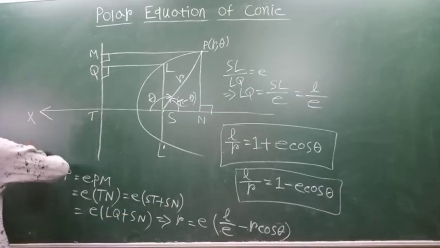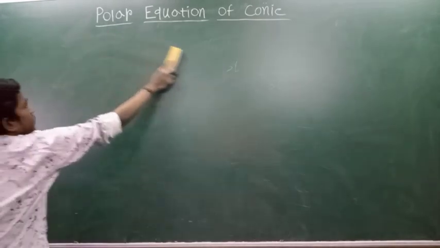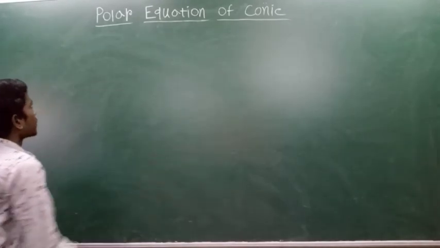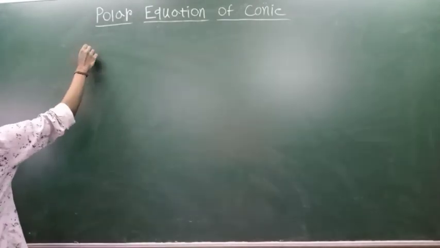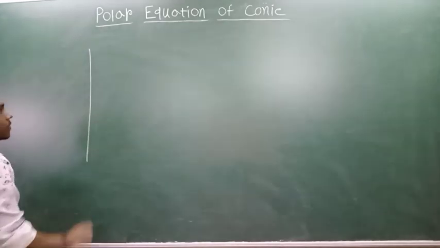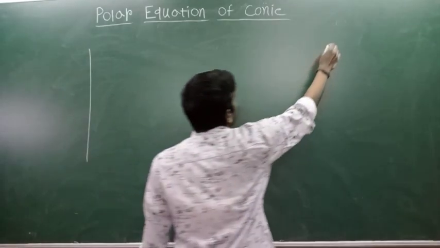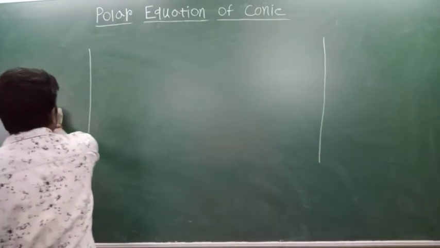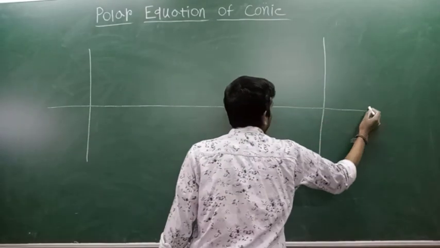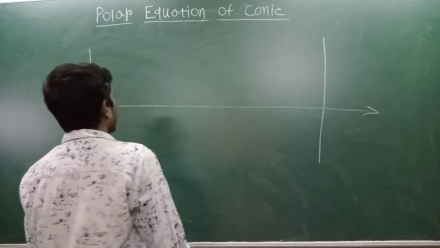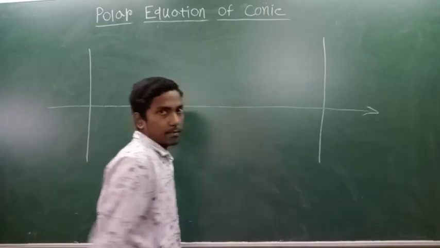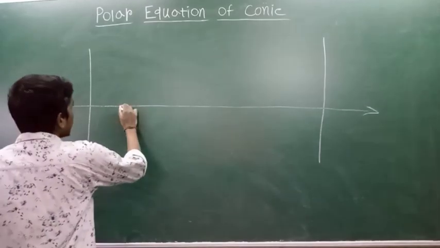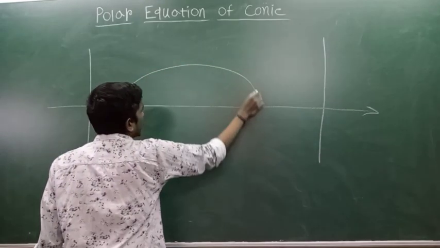So I am drawing the diagram here. So this is one directrix and this is another directrix. Okay. This is our initial line, and here we take the positive direction in right. Okay. So this is a general point.